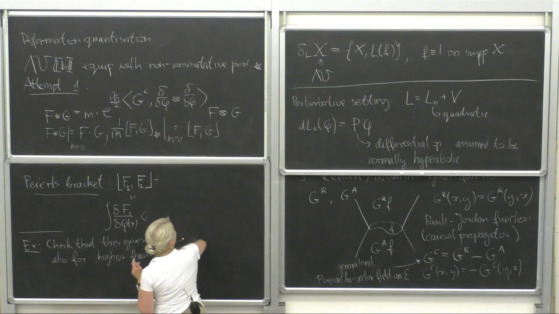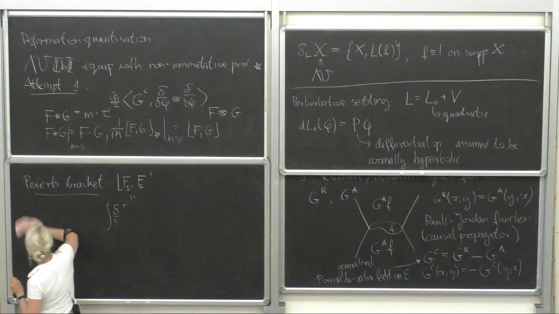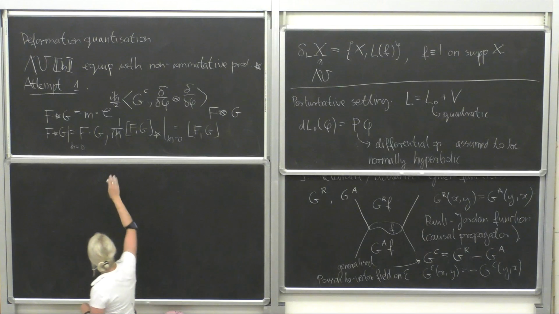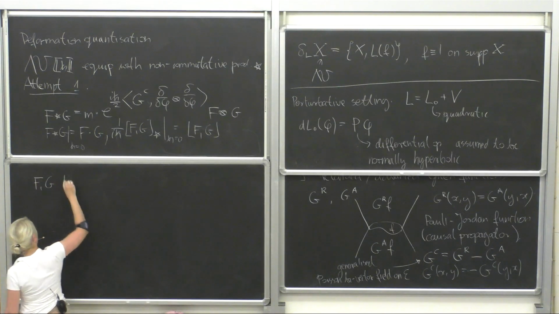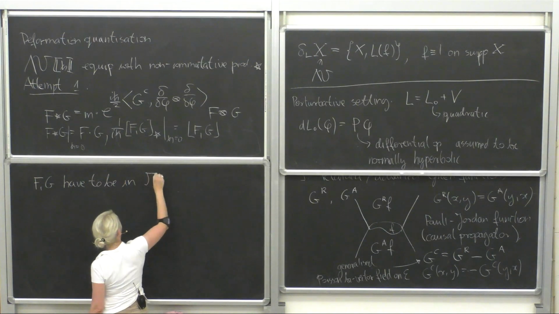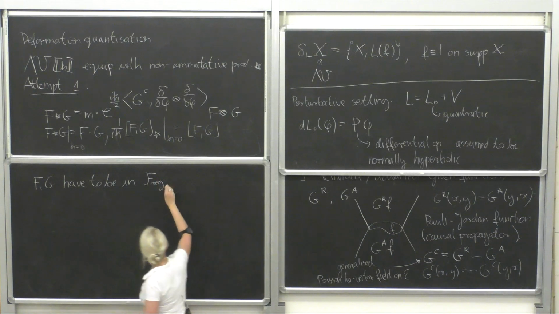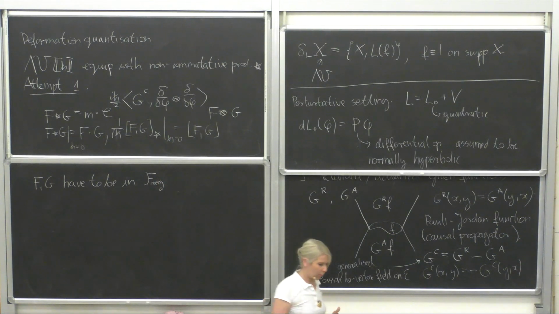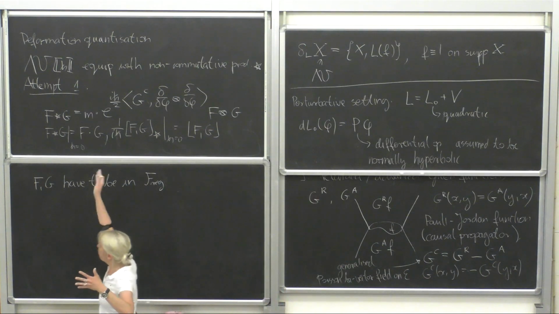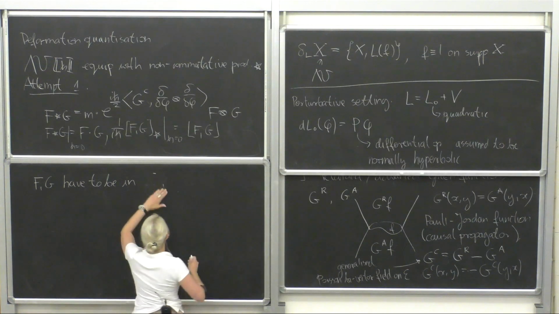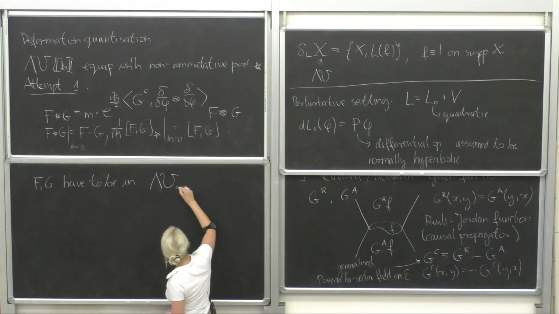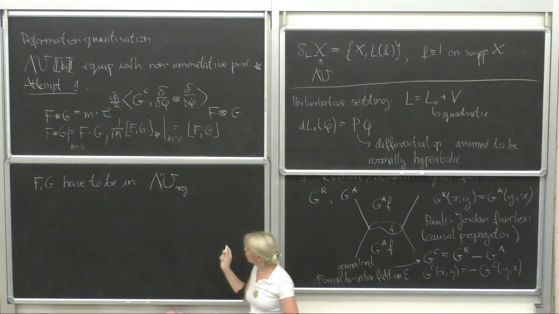So here, I want to say that f and g have to be in F regular. Okay, but that's not enough. We want to make sense out of this for all multilocal things. Or actually, let's be more generous, right? We can make vector fields here as well, but it's the regularity which is the problem.